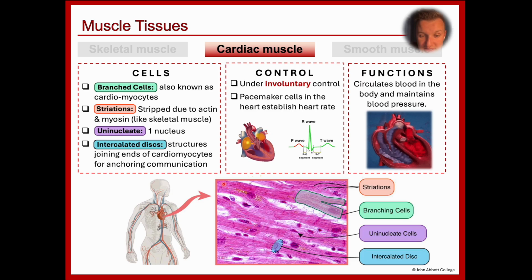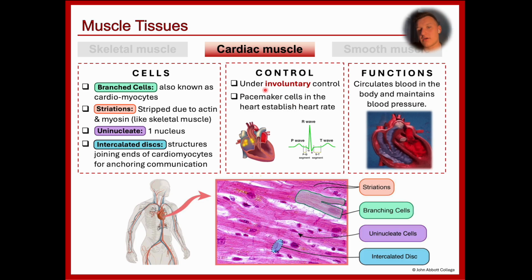So these little zigzags here, these little breaks that are darker stained, those are intercalated discs, and they join cardiomyocytes together, and they're anchoring the cells together. Why is that important? Because cardiomyocytes need to talk to each other so that they pump together in the same beat, right? These cardiac muscle cells, I think you can imagine, they're found in the heart. They need to beat together, right? So these are the intercalated discs.